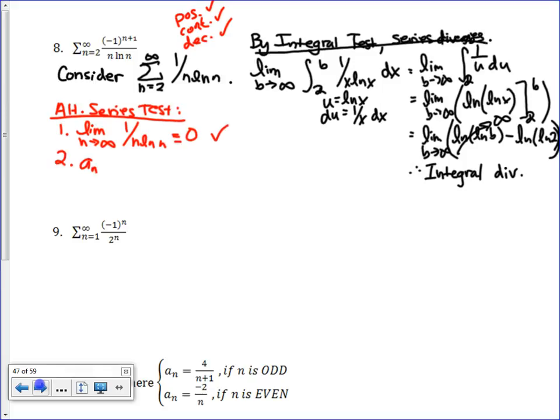And then a sub n plus 1, and a sub n. For 2 or anything higher than 2, ln will be positive and getting bigger, which is going to be always bigger than that. So therefore, check.